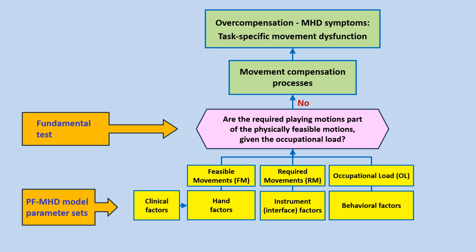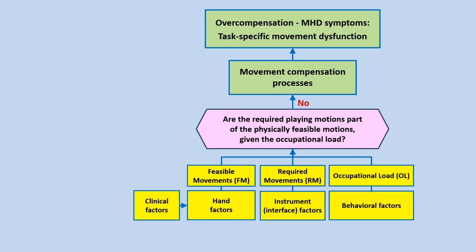In certain factor combinations, these compensations might develop into dysfunctional overcompensations, producing dysfunctional playing movements diagnosed as task-specific hand dystonia. In this model, diagnostics consists of detecting and weighing the interplay of these factors.